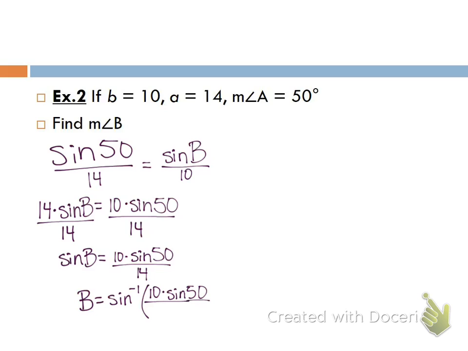Now, if it were me, you could type the whole fraction into your calculator like you may have done on the last one. So 10 times sine of 50, divide that by 14. And then if it were me, I'd be doing inverse sine of my answer.